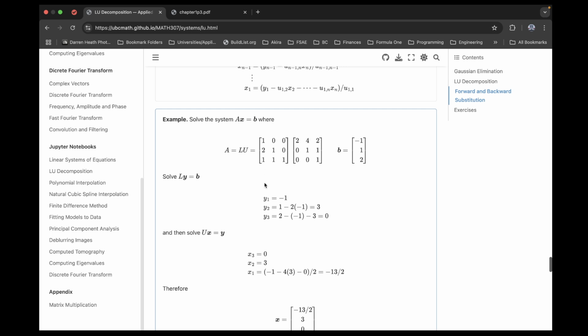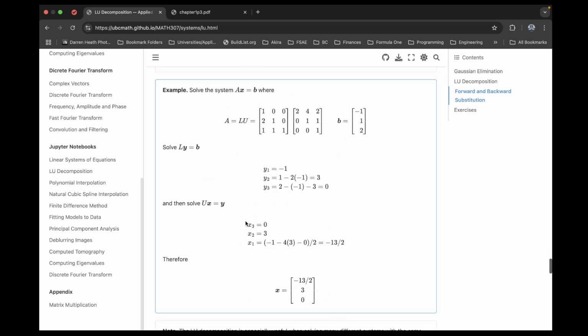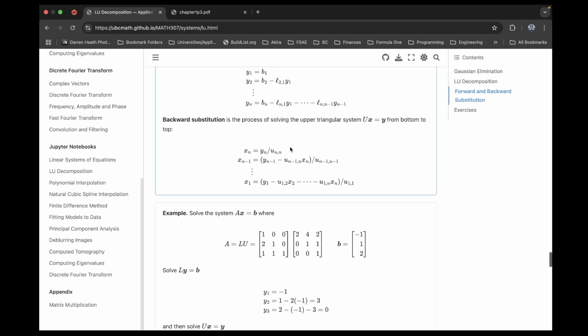Oh my god, it is 2 right here. So y2 is equal to 3, then y3. Okay, so it's sort of self-referencing.